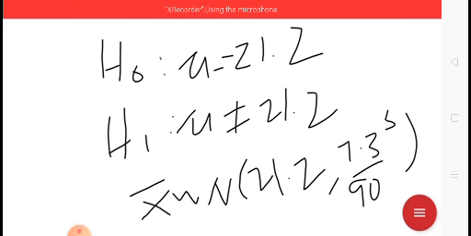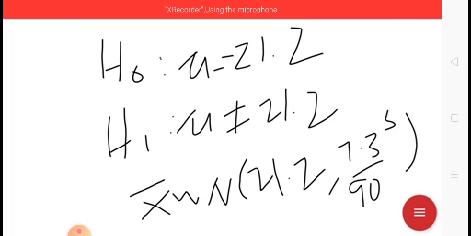So once you have this parameter, then you can start to calculate the Z value, right? So the mean that you get from the sample is 19.4, the sample mean from the random sample.